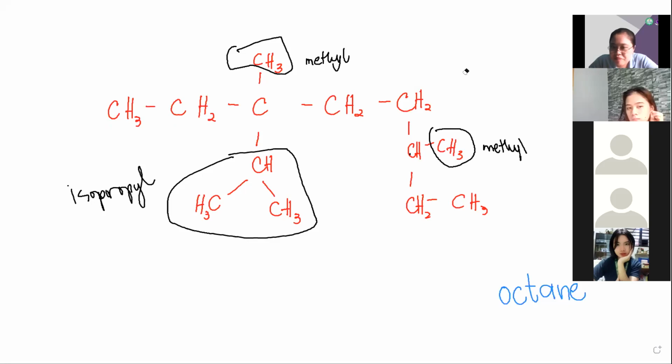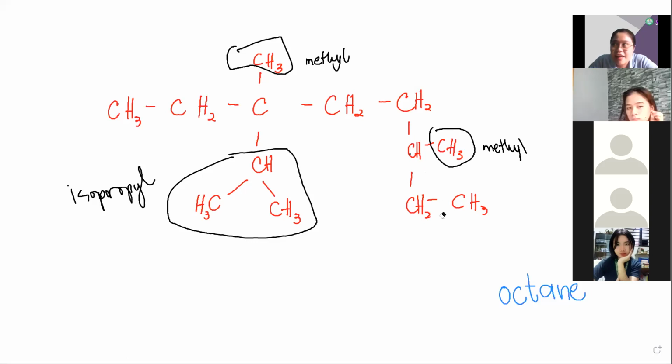Let me explain that one again. Pareha sila, diba, kahit saan ka mag-start. Carbon number 1 ka dito, you will have the first substituent on carbon number 3, the second substituent at carbon number 6. Pero pag nagka-carbon 1 ka dito on the left side, ganun pa rin. The first substituent is carbon number 3, the second one is on carbon number 6.